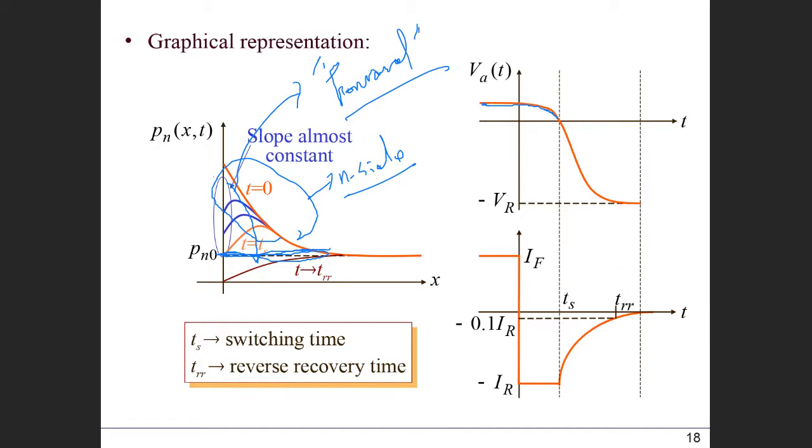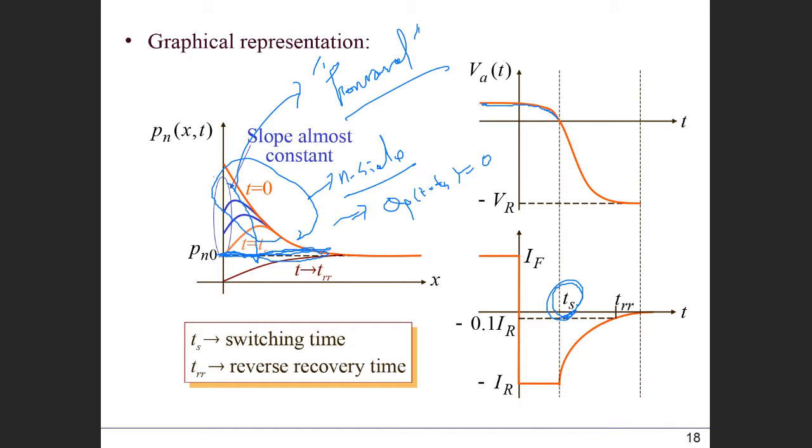Now, at TS, your total excess minority carrier concentration is going to be 0. At TS, QP is going to be 0. At that moment the diode turns into the reverse bias.